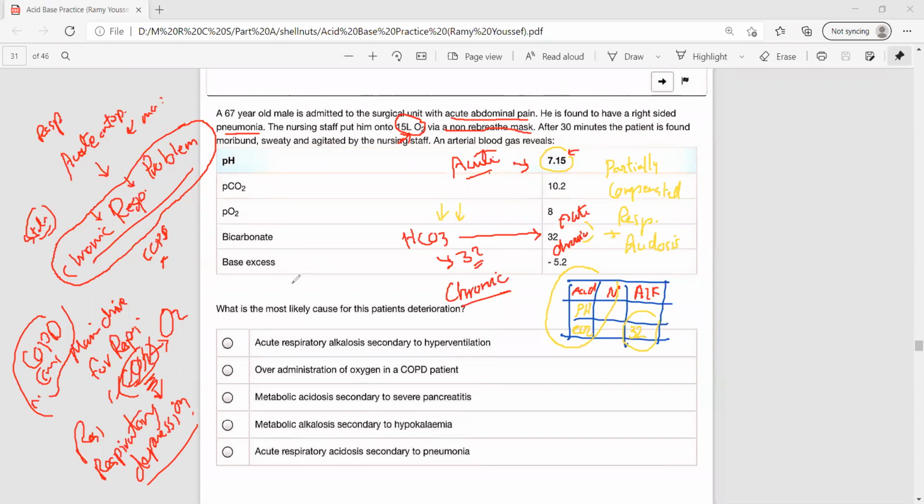So when I give a patient, this is in part B, how to manage a patient with COPD.